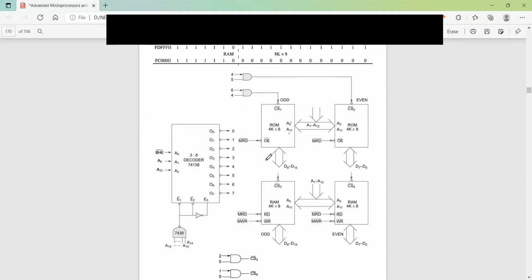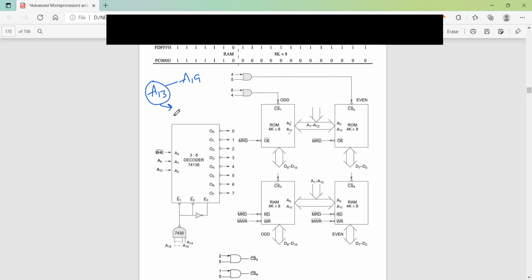Yes. Now, let us come to the rest of the part. What are the pins which are remaining if we take into account up to A12? We are left with A13 to A19. Out of that, A13 is also taken. A13 will be the pin which will decide whether we are using the RAM or the ROM.